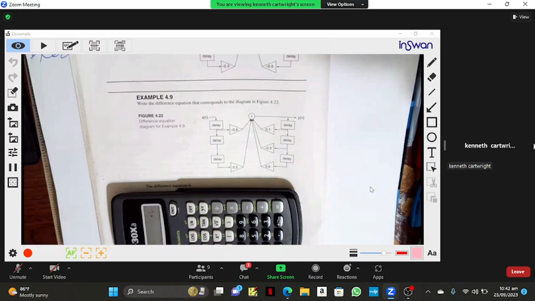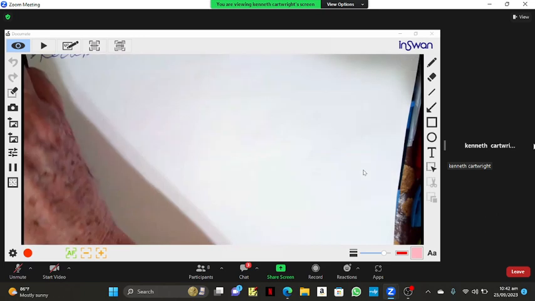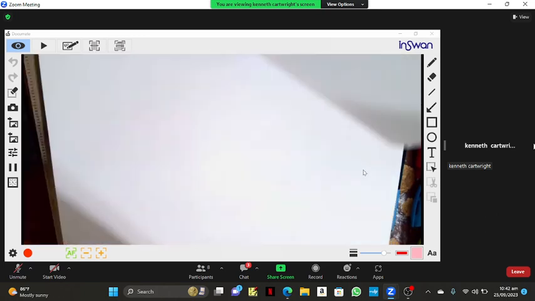You are anticipating the answer and you're not writing what you see. All right, let's do it. I'm going to redraw it because I don't want to mess up my textbook.